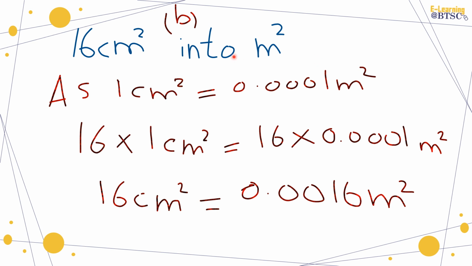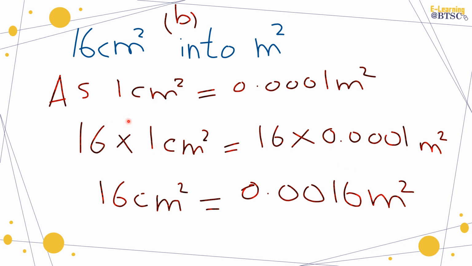Now, there is an example we are considering. We want to know how many meter squares are there in 16 centimeter square. As we have proved previously, 1 centimeter square is equal to 0.0001 meter square. We want to calculate for 16, so we will multiply 16 on both sides.